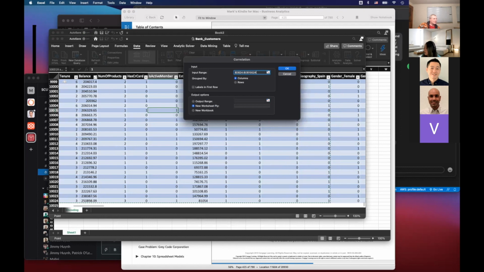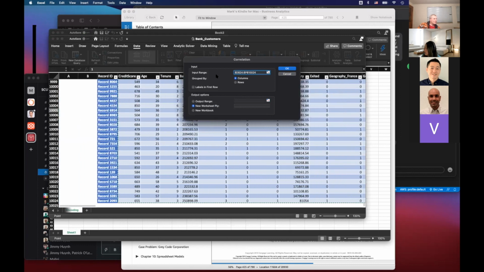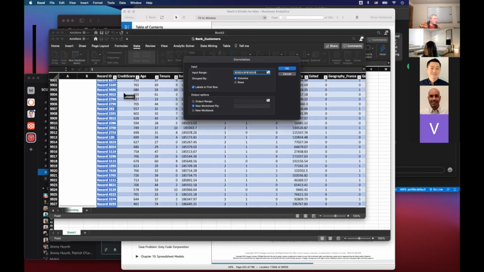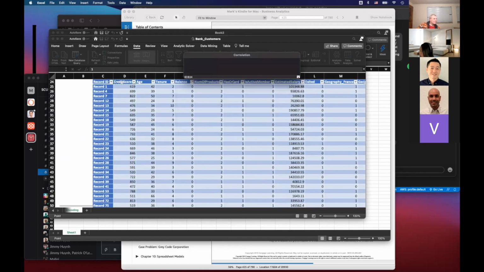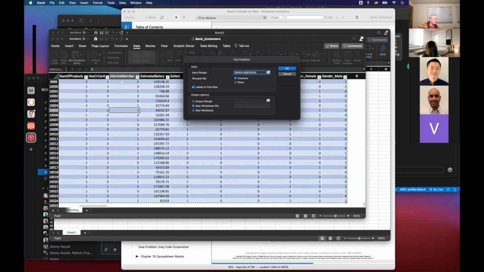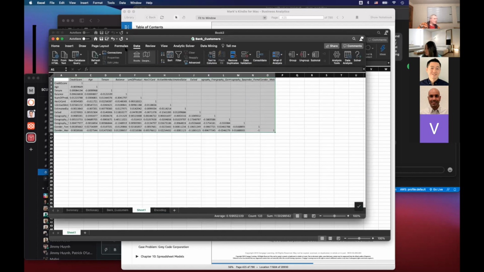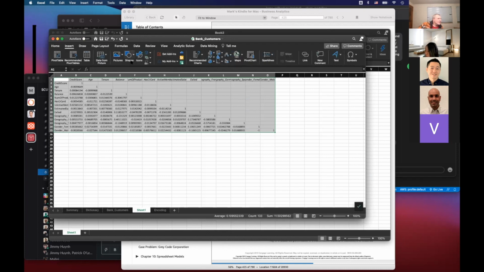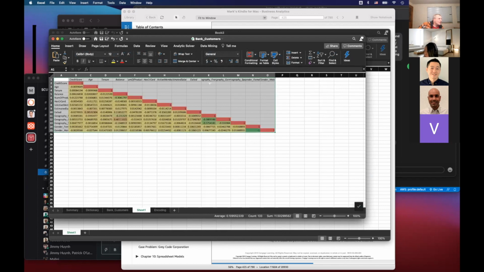Oh, labels in first row is probably why it was complaining. Columns, rows, labels in first row. Aha, here. And then what is it he did? He did the home, conditional formatting, color scales, and picked one of these heat ones.